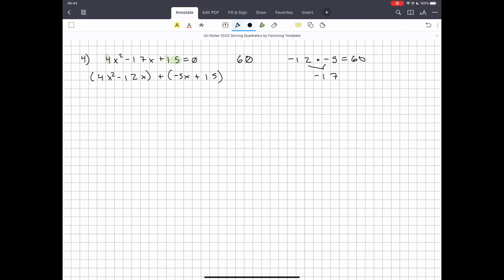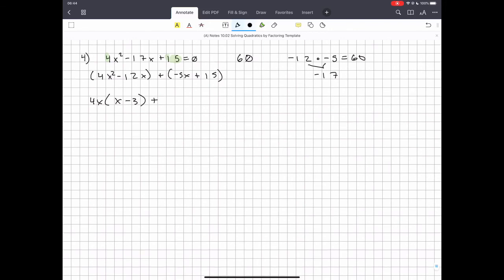And I've grouped them as I did it. And then we can pull out our common factors. So in the first set of parentheses, I can factor out 4x, and that leaves me with x minus 3. In the second set of parentheses, I can factor out a negative 5.